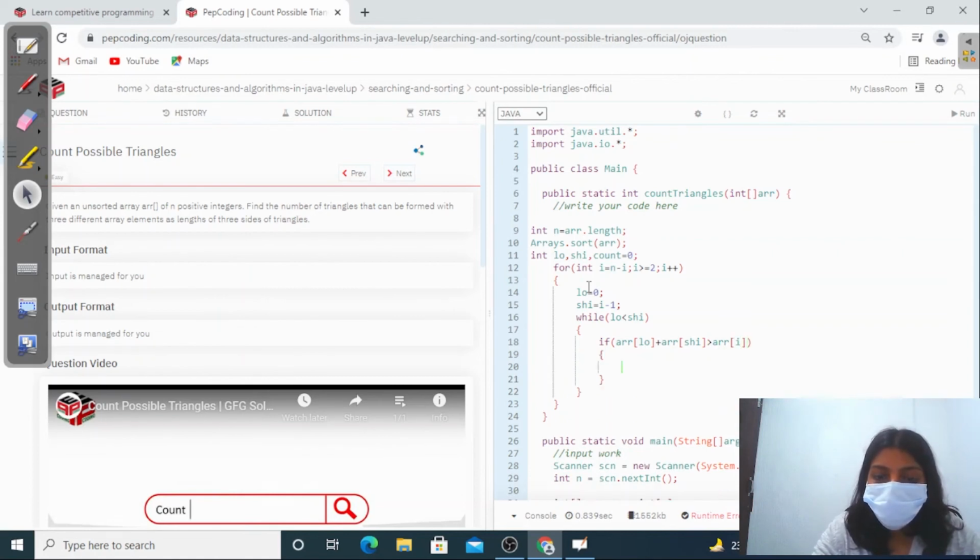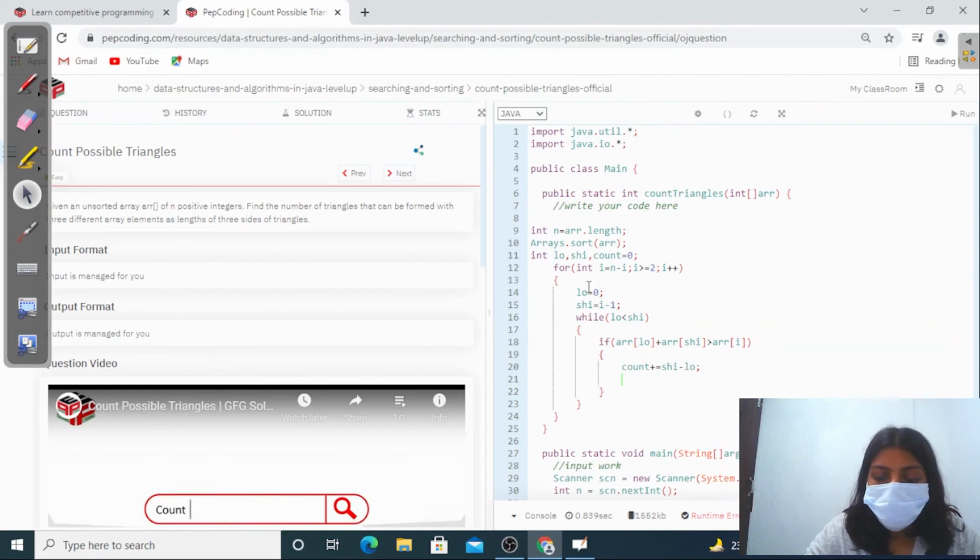And also my other sides that are greater than my actual low are also going to form triangles with these two, with my highest and my second highest, right? So what will I do? I'll increase my count by sh minus low.